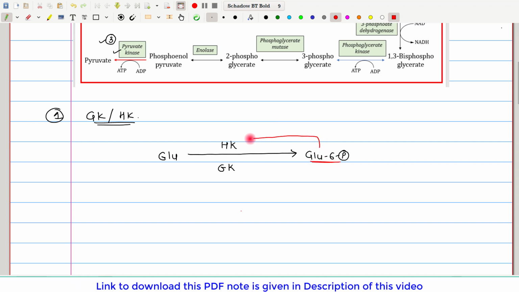By this inhibition, our cell makes sure that glucose 6-phosphate is not generated more than the cell can utilize, right? If glucose 6-phosphate is generated more, it will immediately inhibit hexokinase. So hexokinase will stop producing glucose 6-phosphate, and the glucose 6-phosphate concentration inside the cell will always be under check.